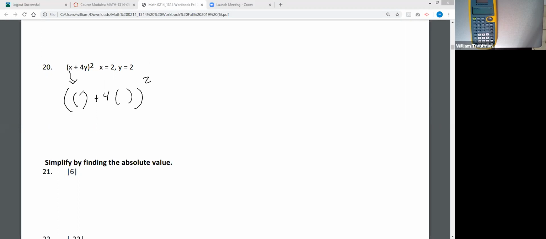They make it nice and easy. 2 goes in the x and 2 goes in the y, so you can't get them in the wrong spot. So let's try this one with all these parentheses in my calculator. Parentheses, parentheses, 2, close parentheses, plus 4, parentheses, 2, close parentheses, parentheses, raise it to the second power.